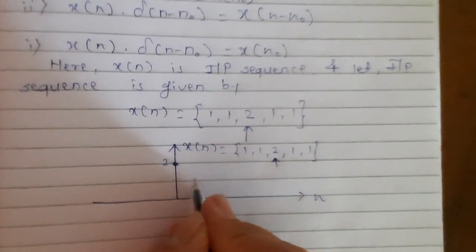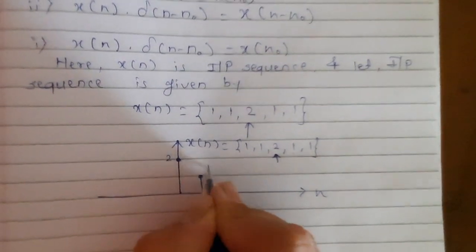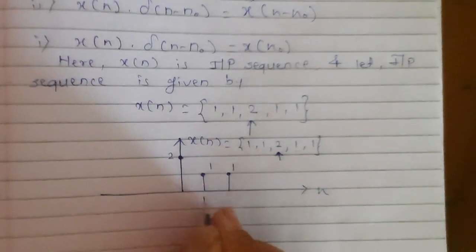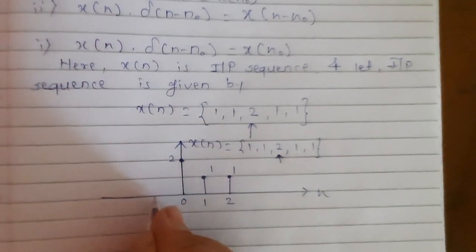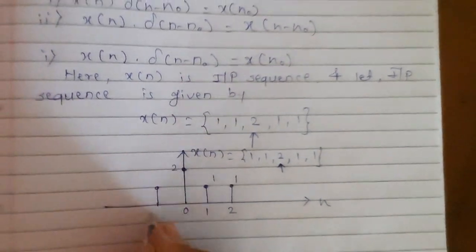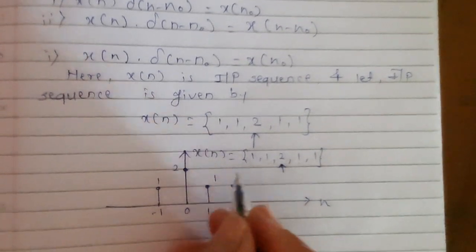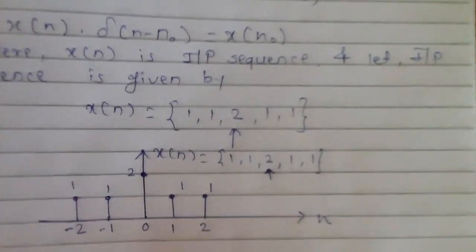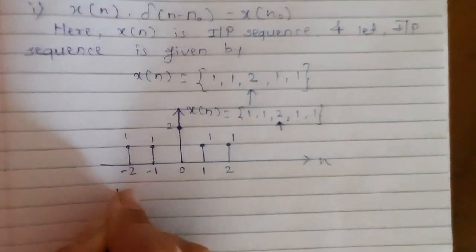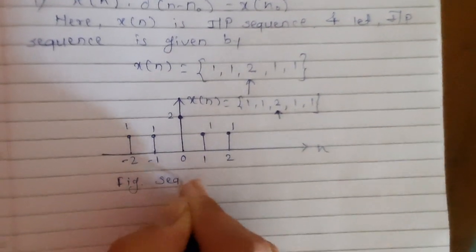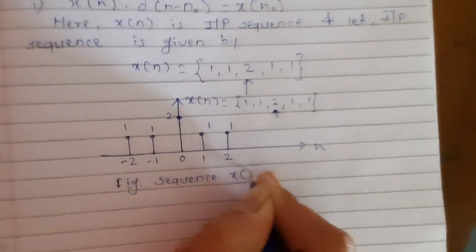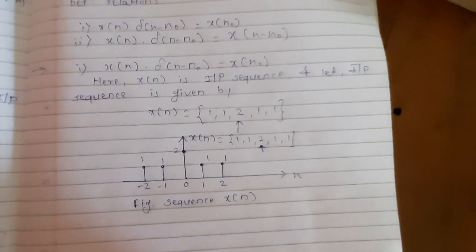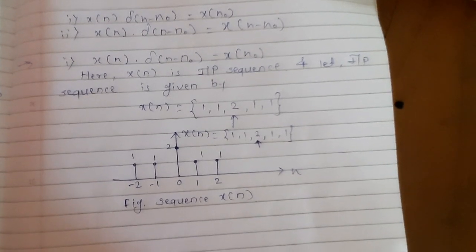For x of 1 it is 1, and for x of 2 it is also 1. For x of minus 1 it is 1, and for x of minus 2 it is 1. So this is the sequence x of n. This figure shows the sequence x of n.